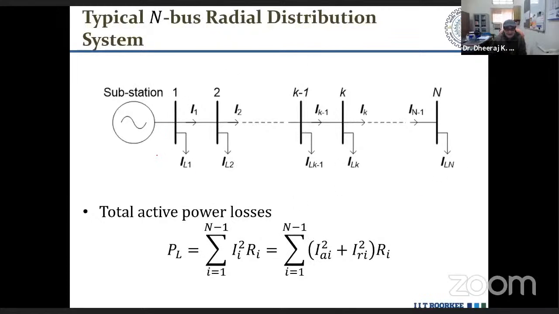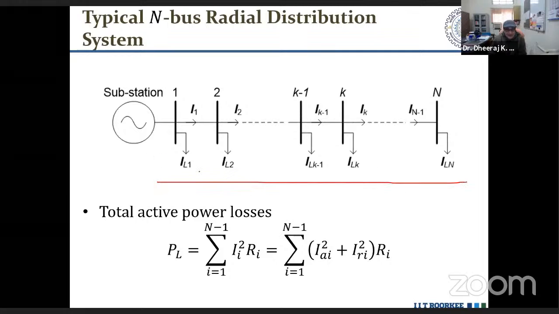Suppose we have an N-bus radial distribution system. These are the phasor values of load currents at different buses, and these are the phasor branch currents. Now the total losses occurring in the system can be expressed as the sum of I squared times Ri over all individual branches, where I is the magnitude of current flowing through branch i.